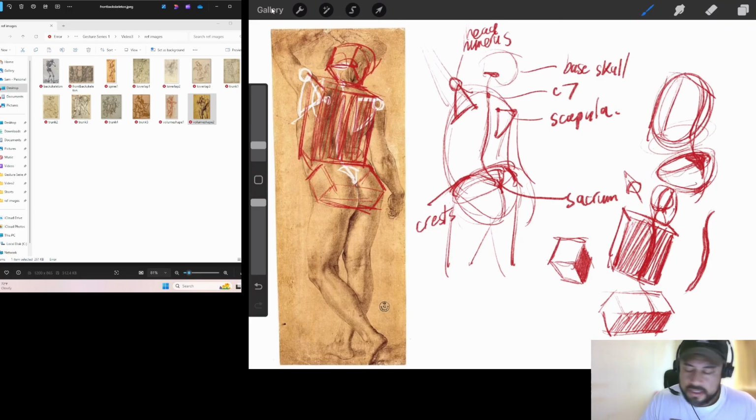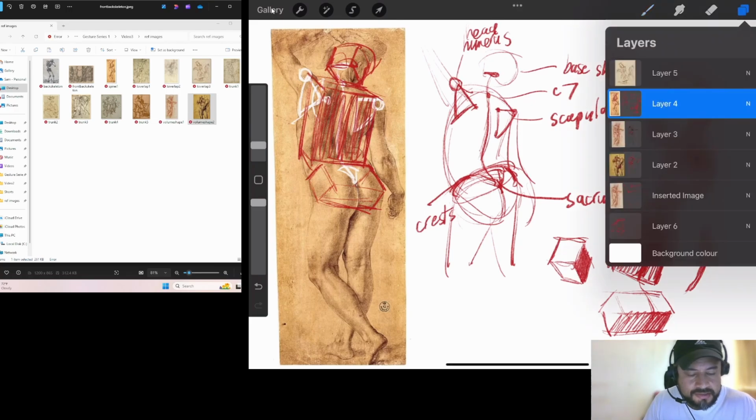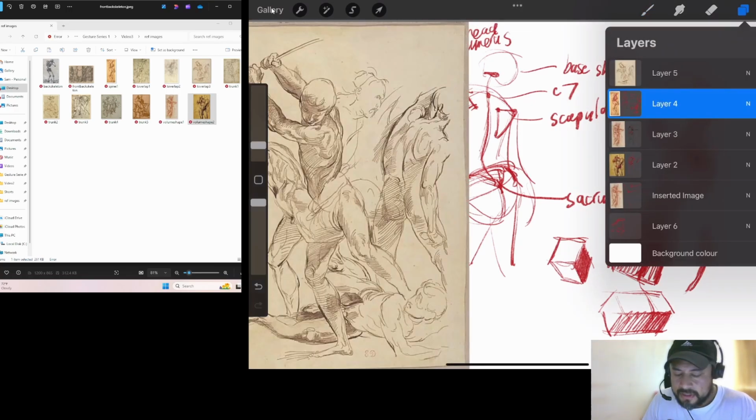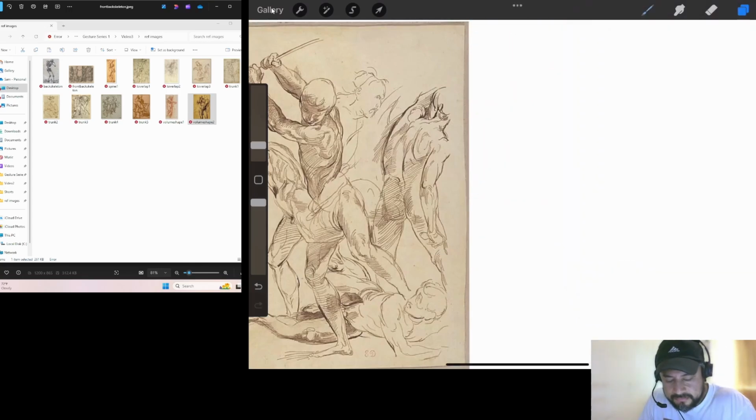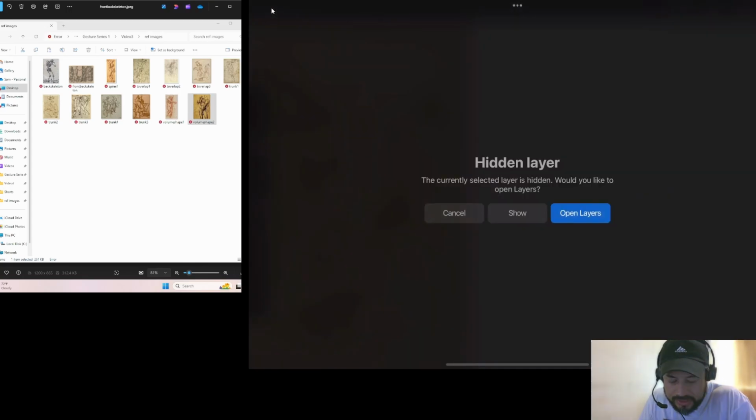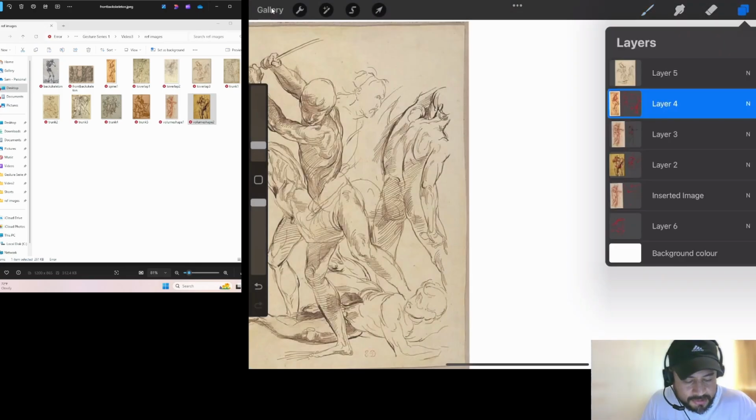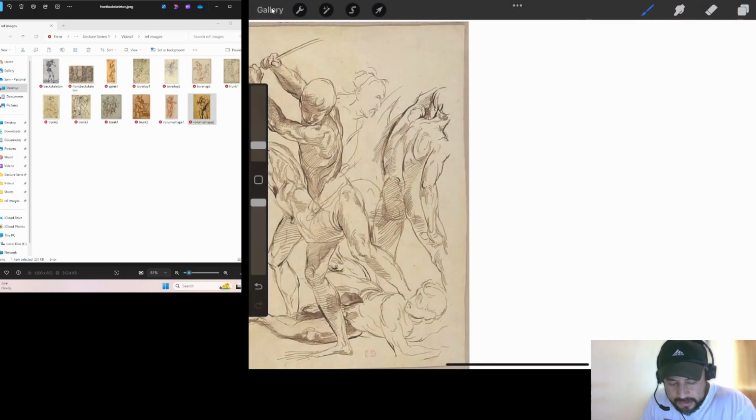Okay, now, oh yeah, and whenever you're doing these boxy shapes, always try and look for the center line of the shape that you're drawing. So that's another habit to get into.